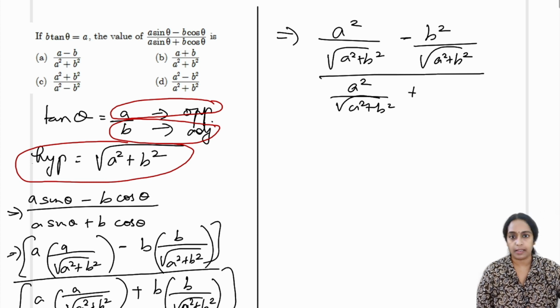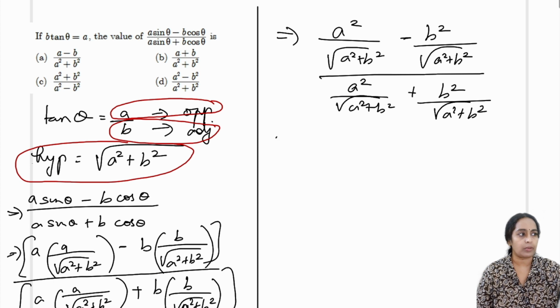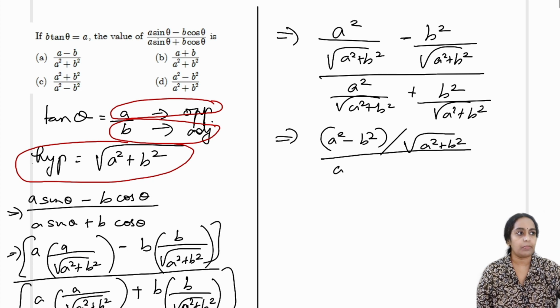There is a plus sign in the denominator, B square divided by square root of A square plus B square. So the numerator will be A square minus B square divided by square root of A square plus B square. The denominator will be A square plus B square divided by square root of A square plus B square.